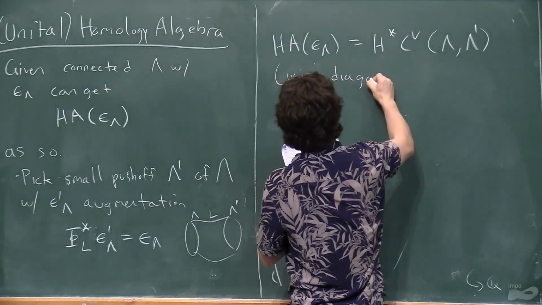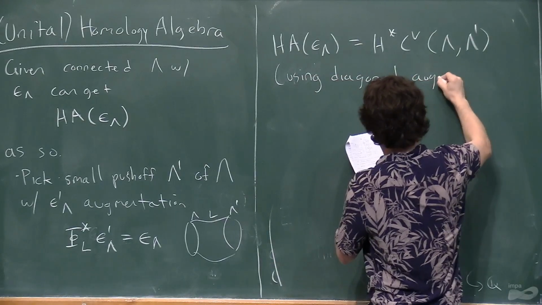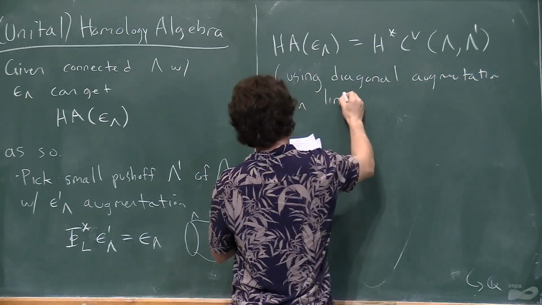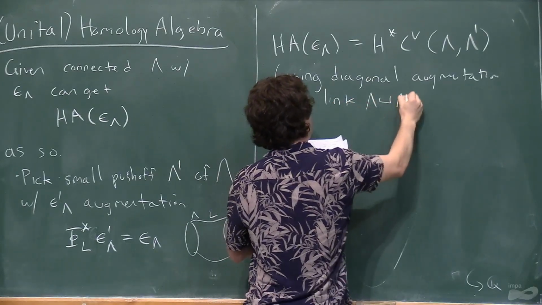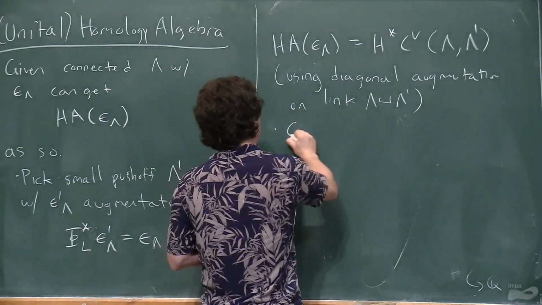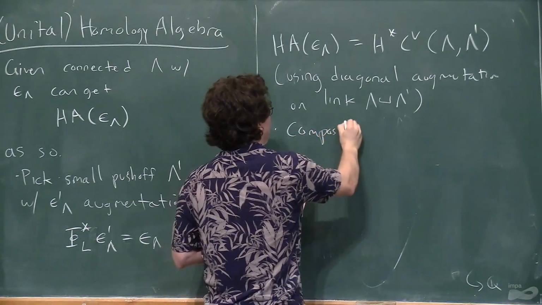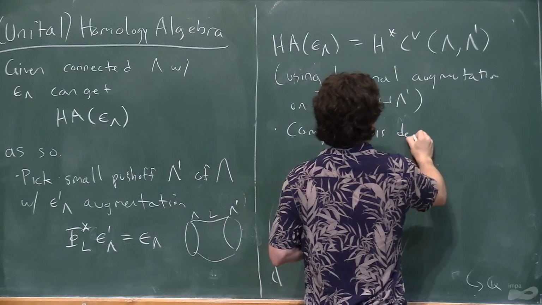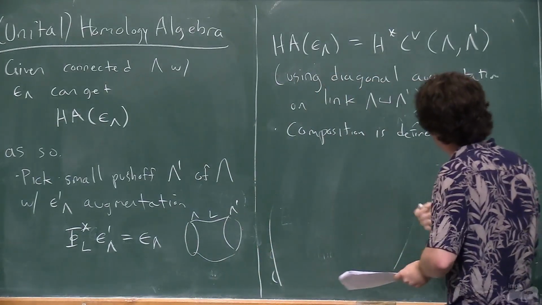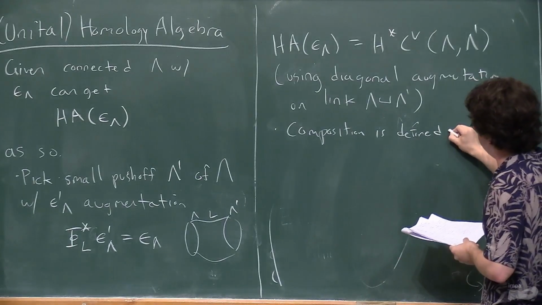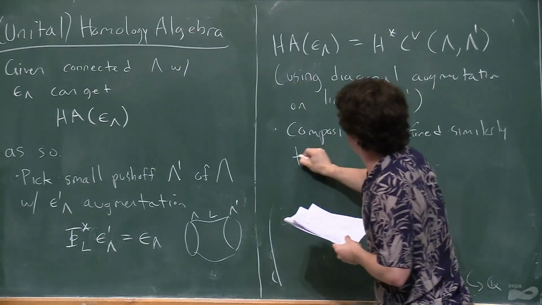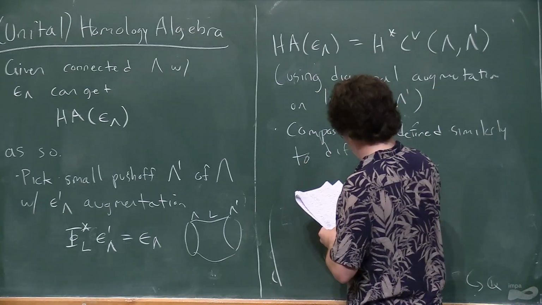So we were using this diagonal augmentation on the link lambda union lambda prime. Okay, and composition is defined similarly, by basically taking two push-offs and then defining it using that.